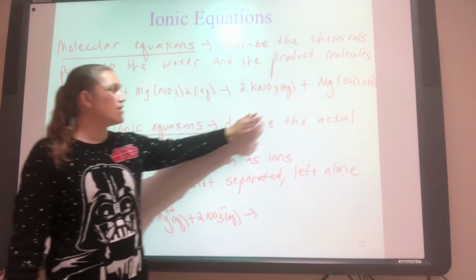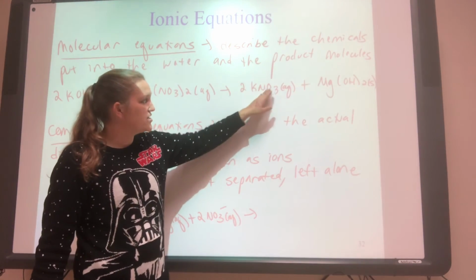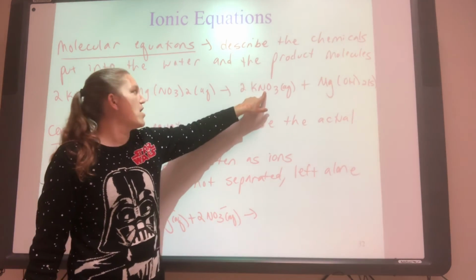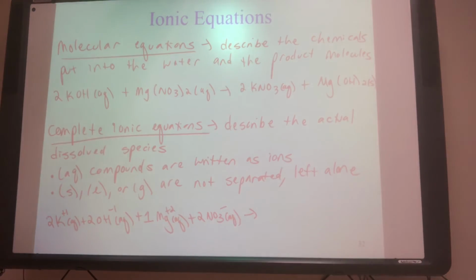Now I go to the next thing, which is aqueous, so that means I separate it. Since there are 3 elements, I have to figure out if it's this or this. Well, that looks about right, based on the fact that I already said there was an NO3. So I'm going to have the K and then the NO3. K is in group 1, so it's going to be a +1.